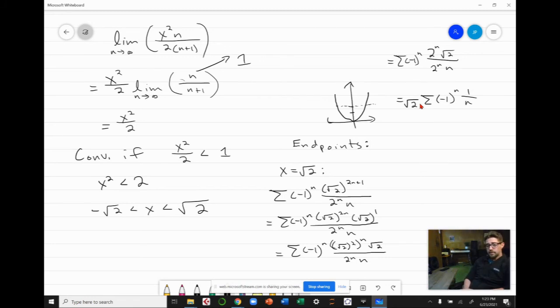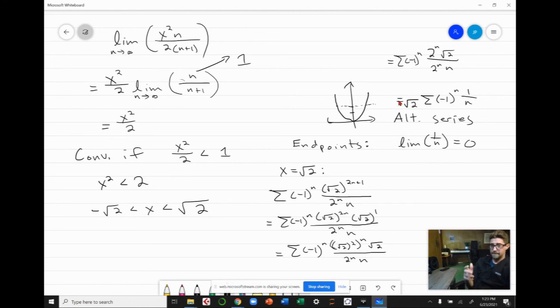So at its endpoint of its interval of convergence, the series is that series, which is an alternating series which converges, because all you require for an alternating series to converge is for the limit of its terms in absolute value to be 0.